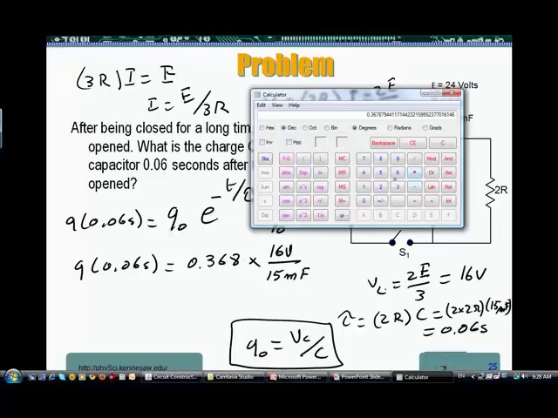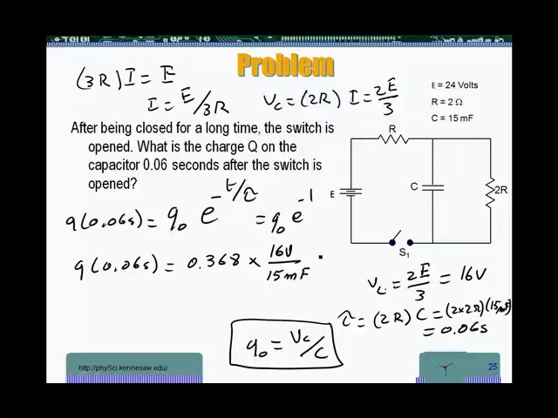So we are going to multiply that by 16 volts divided by 15 times 10 to the minus 3. So it's 1067 coulombs. That's a huge charge, and that's because the capacitance, 15 millifarad, is a large capacitance. That's not a normal capacitance.